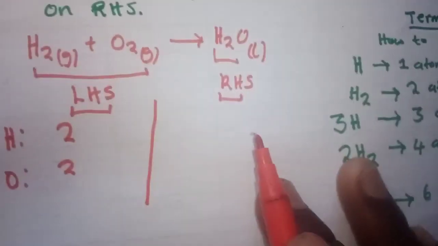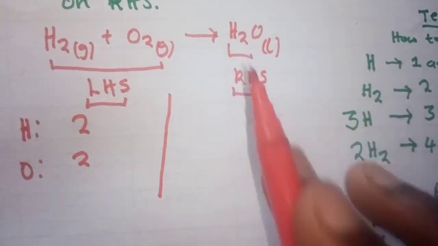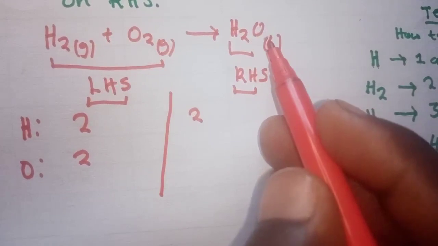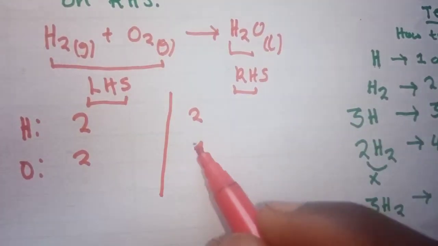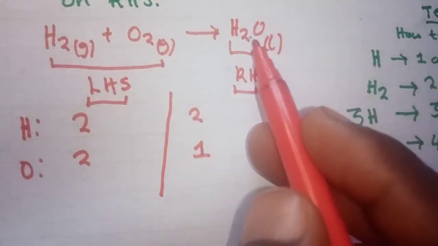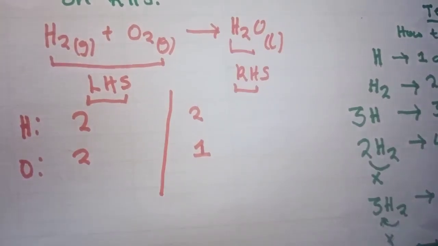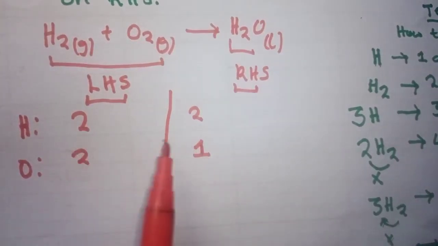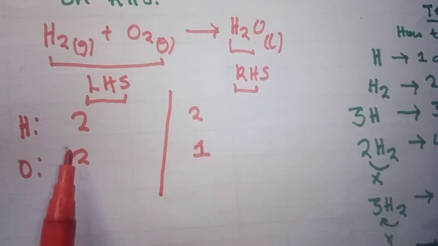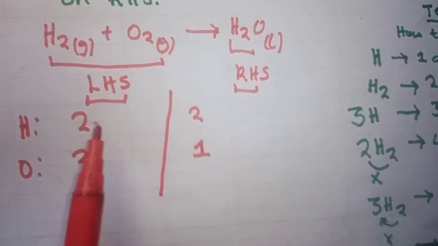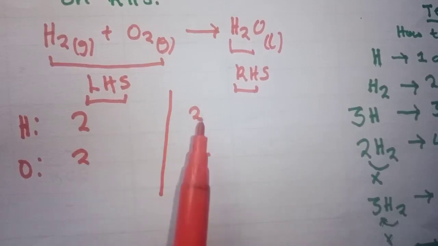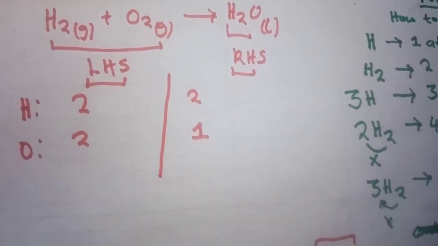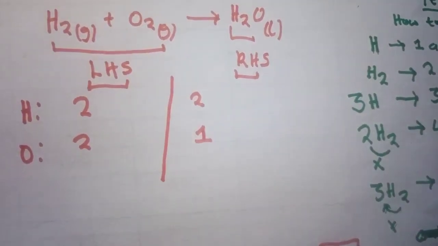On the right, how many atoms of hydrogen? There are two. How many atoms of oxygen? Only one, because this 2 is for hydrogen. So hydrogen is balanced on its own, 2 and 2, but the oxygen is not balanced. That's why we need to balance the chemical equation.